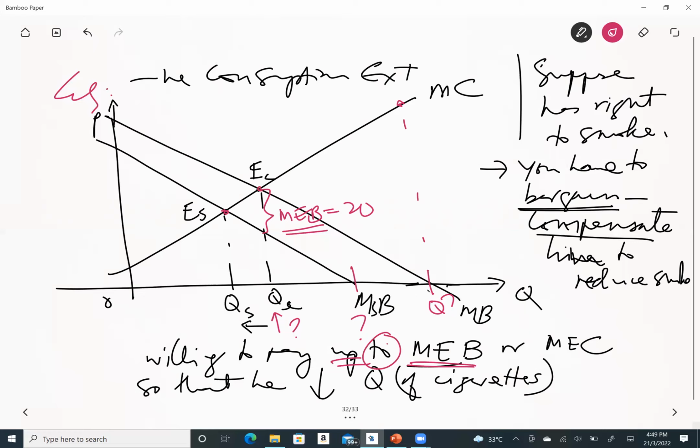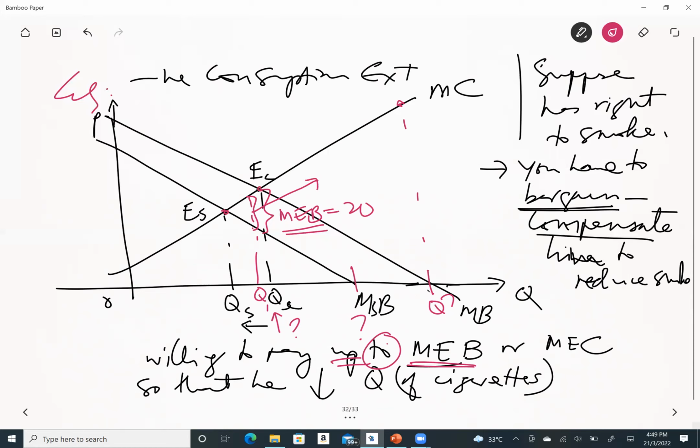Suppose that MEB is 20. He says okay, so he now reduces by one, to Q1. You still have marginal external benefit if he reduces the amount of cigarettes, so I'm willing to pay that much.